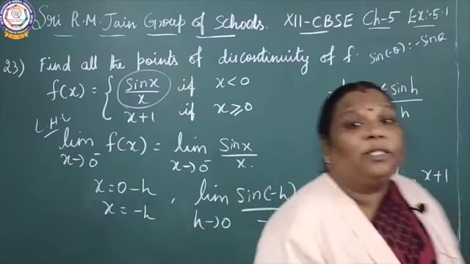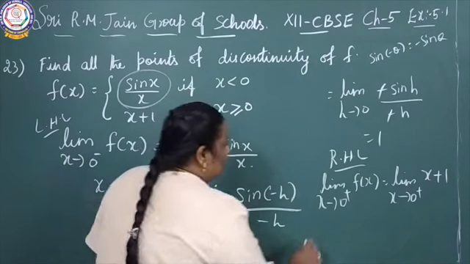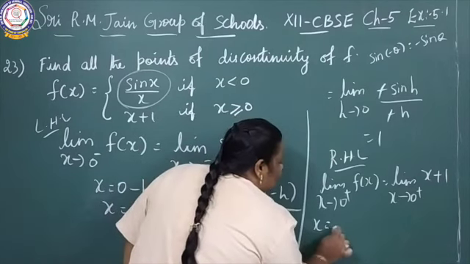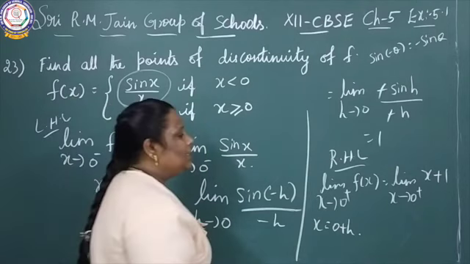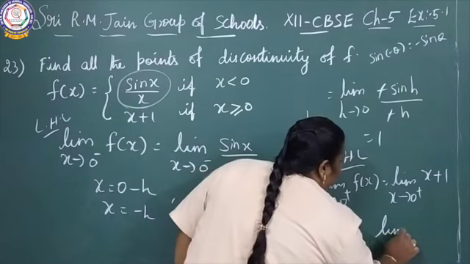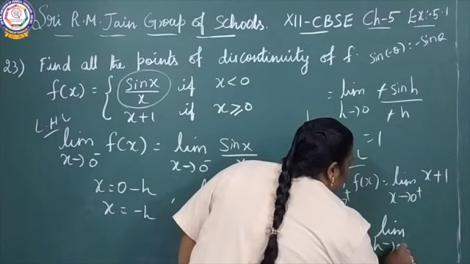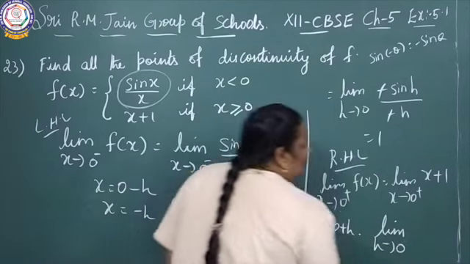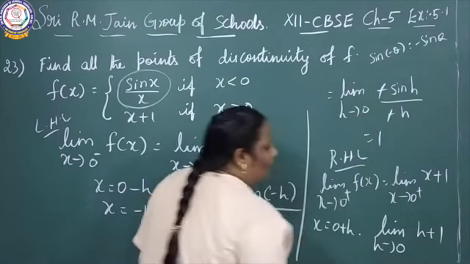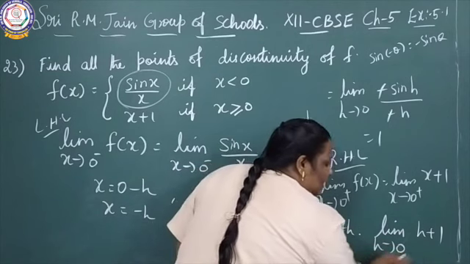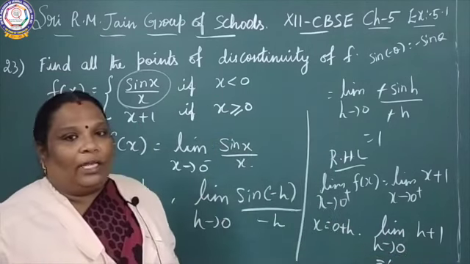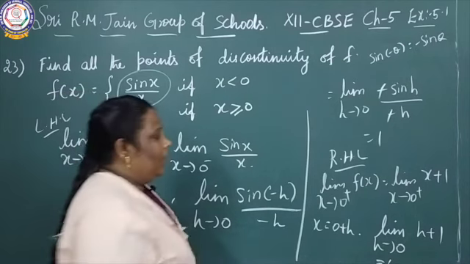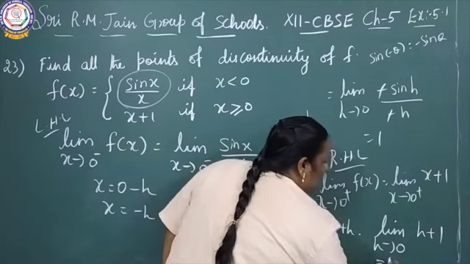You replace x by a plus h, that is 0 plus h, so it gives limit h tends to 0 of h plus 1. Substituting h equal to 0, the right hand limit value is equal to 1.